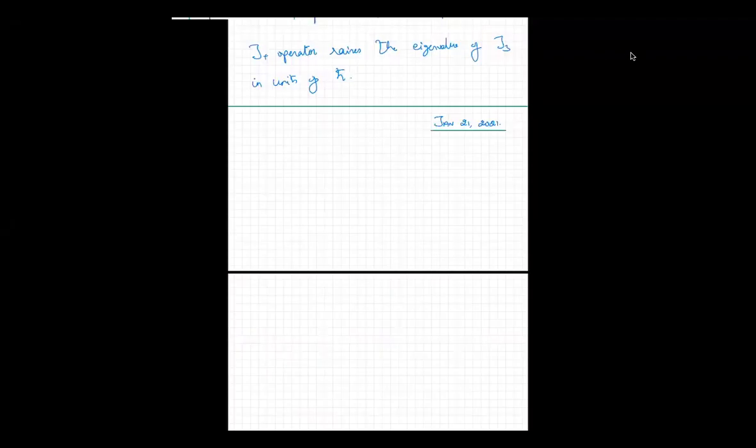So let's briefly recap that we are looking at the eigenvalue problem of J square and J3. So we're simply characterizing the eigenvalue of J square as alpha and the eigenvalue of J3 as beta. Okay.